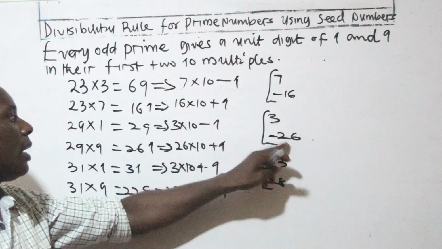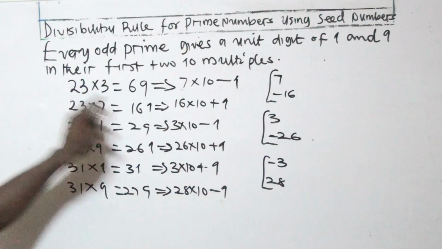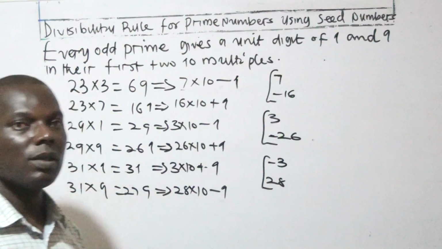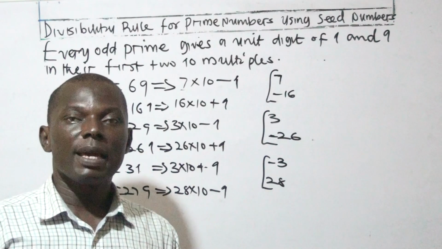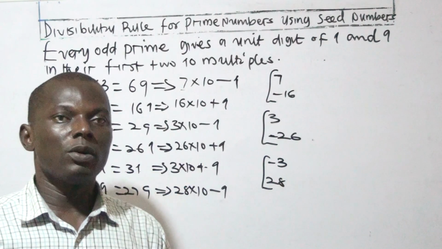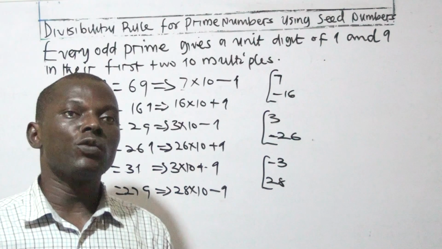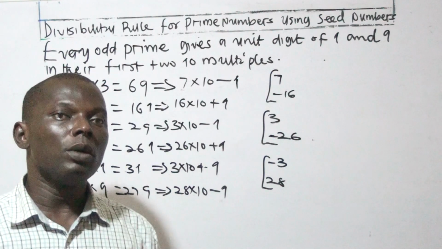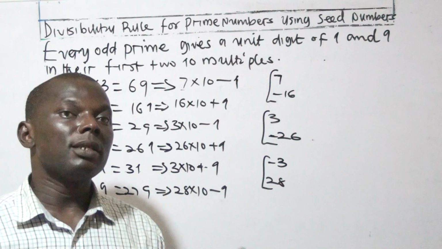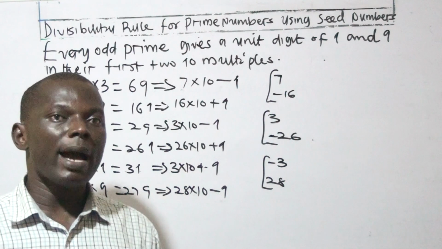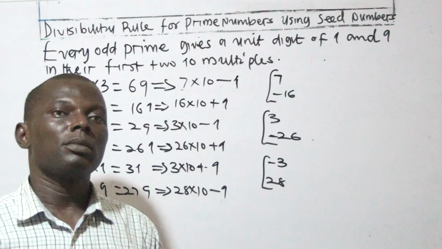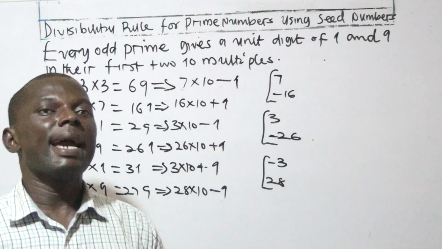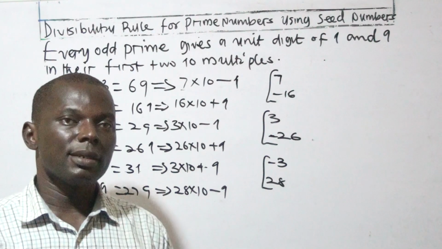For 29: 3 and minus 26. For 23: 7 and minus 16. So these are the seed numbers. The seed numbers are very key if you want to test. They are a shorthand and useful way of knowing if an integer is divisible by a fixed divisor, usually by examining the digits.